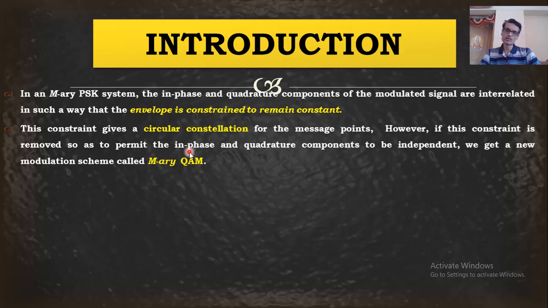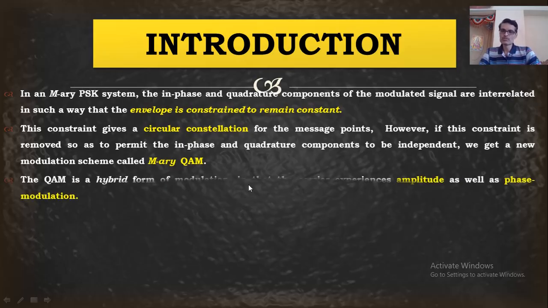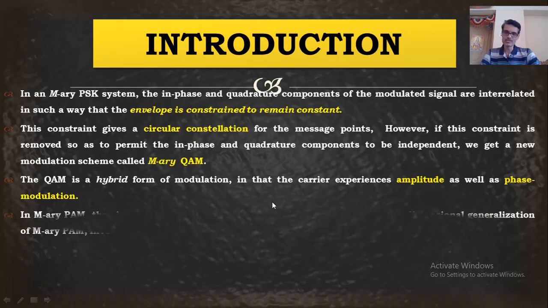That is the quadrature amplitude modulation scheme, where the constellation diagram is not circular, but it is rectangular or maybe square. This is the kind of signal space diagram we get. That's what I told, it's a hybrid form of modulation where both the amplitude and the phase are modulated or changed.